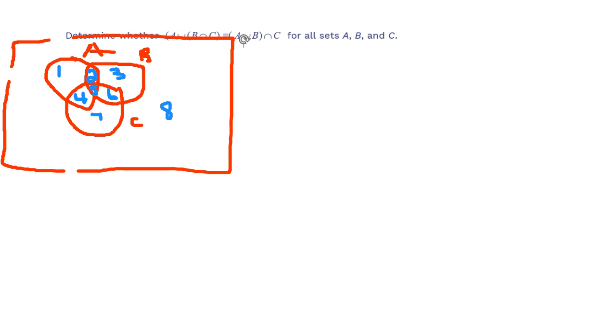So here, our universal set is going to be 1, 2, 3, all the way to 8, 5, 6, 7, and 8. Okay, and then our A is going to be everything in the circle A, which is 1, 2, 4, and 5.